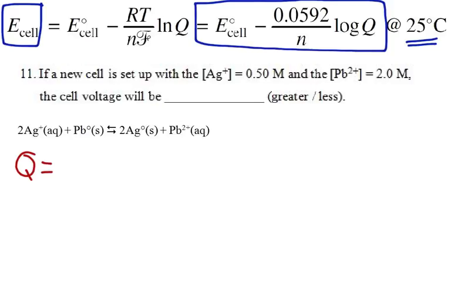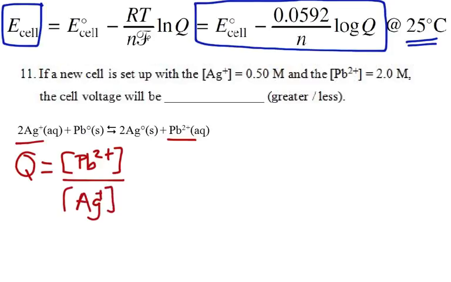That's our test quotient, and Q is the exact same expression as K: the lead ion concentration divided by the silver ion concentration squared, because this has a 2 in front of it. The difference between this and a K is that in K we'd have to put in equilibrium values. For Q we put in any values we happen to have.